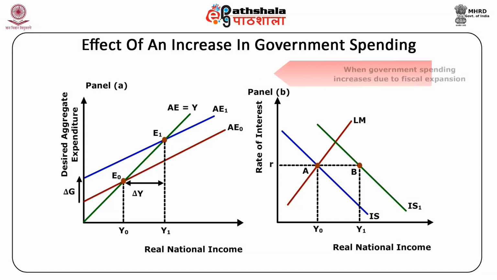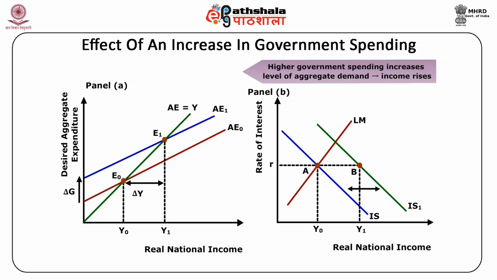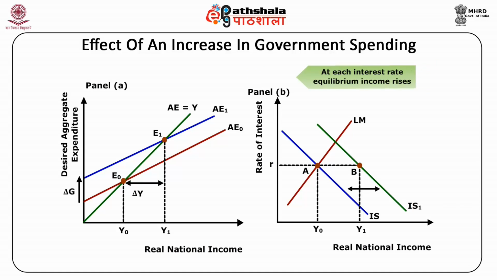In panel B, when government spending increases as a result of fiscal expansion, the IS curve shifts rightwards. At an unchanged interest rate, higher government spending increases the level of aggregate demand. As a result, income rises, and at each interest rate, equilibrium income rises.